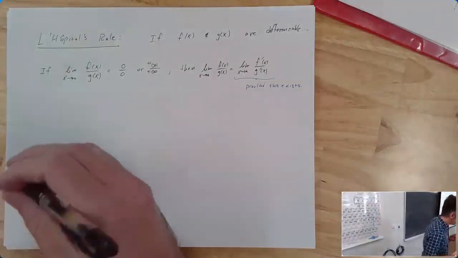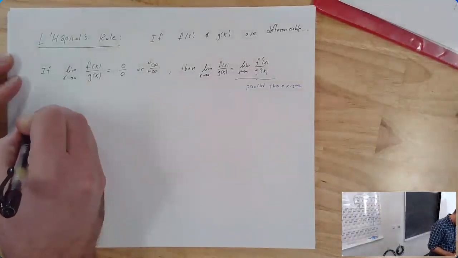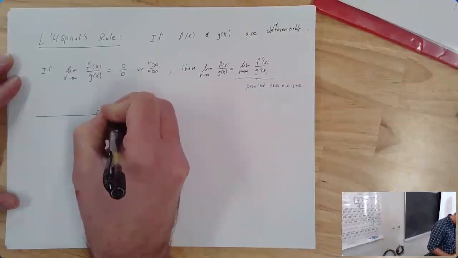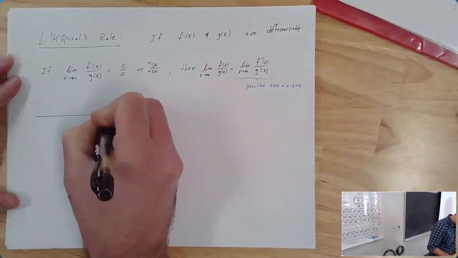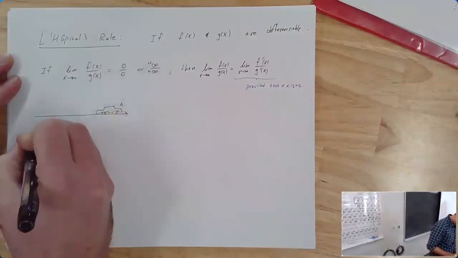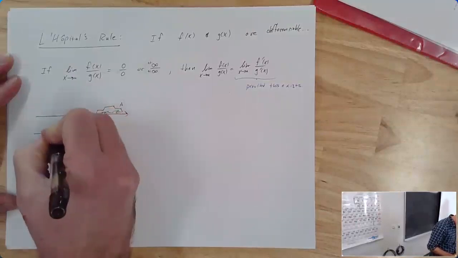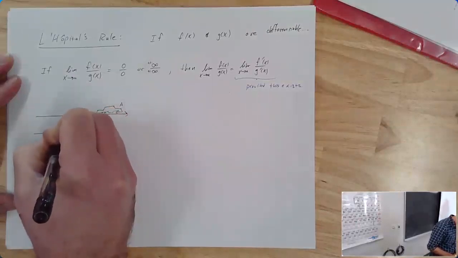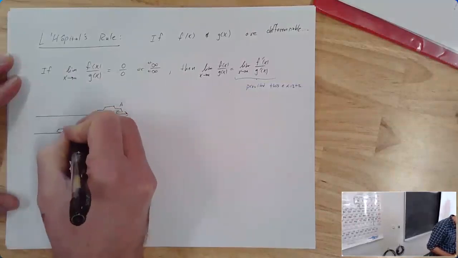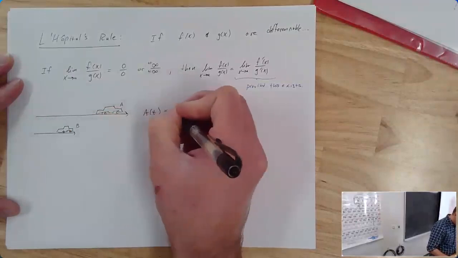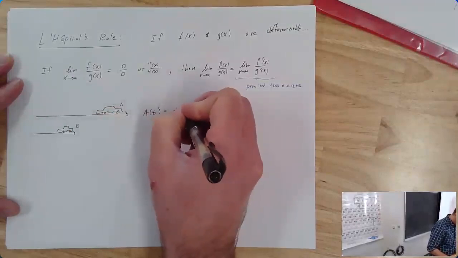So think about if you had two cars traveling. You've got, say, car A, and draw a car, kind of, and you've also got car B, smaller car, goes slower. And we're going to say that A of t is the distance that car A has traveled.